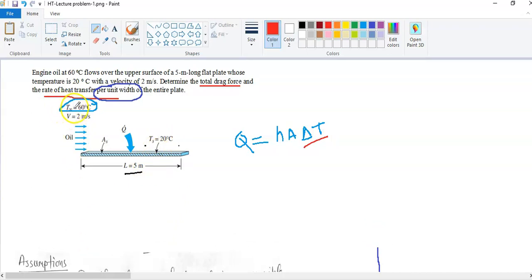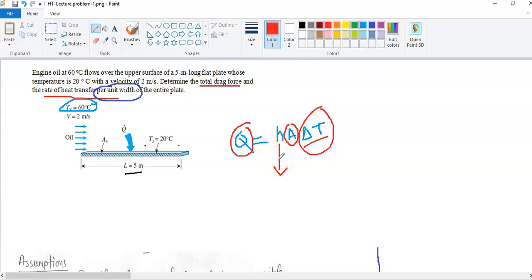Keep in mind, guys, temperature difference is always from high temperature to lower temperature. It's not 20 minus 60, it should be 60 minus 20. So we know the delta T and we know the area, right? If we want to get Q, then you can see h is the unknown here.